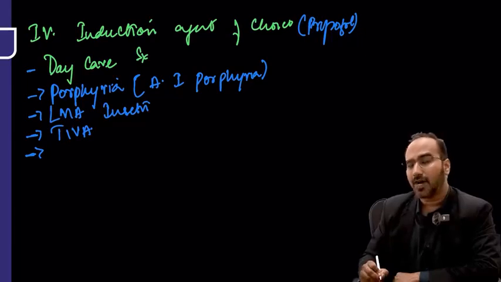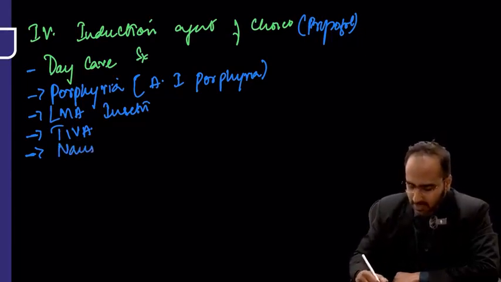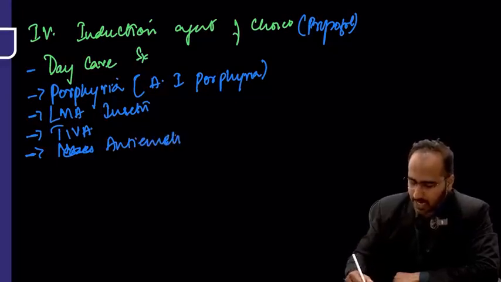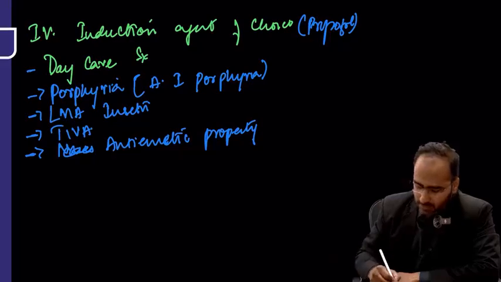Next, propofol is the only IV induction agent that prevents nausea and vomiting; it has antiemetic properties. Apart from that, what else we need to remember about propofol?